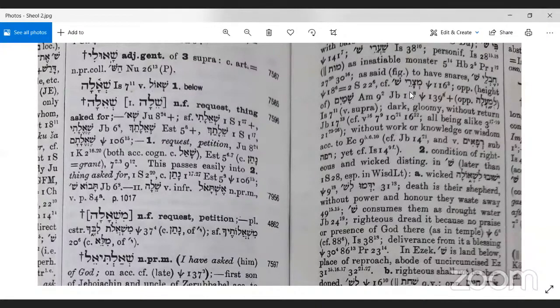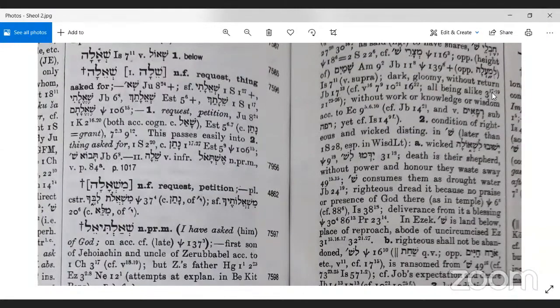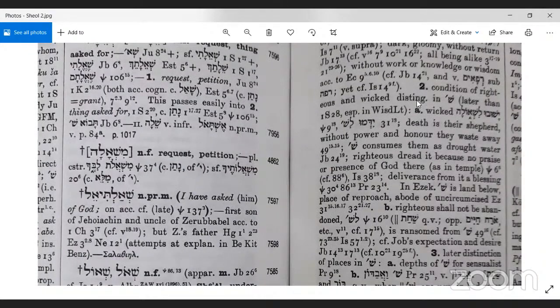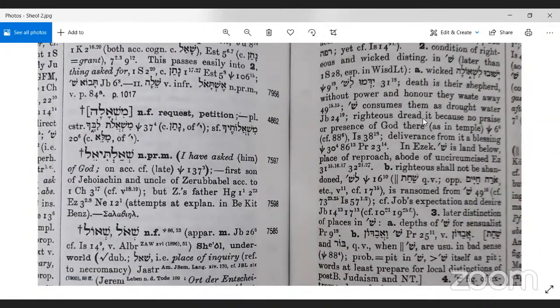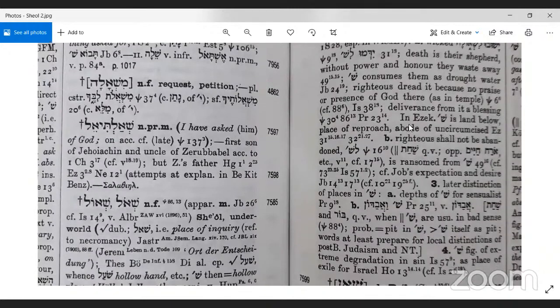Okay, 2. Condition of righteous and wicked, distinguished. So it's the condition of the righteous and the wicked. Death is their shepherd, without power and honor.